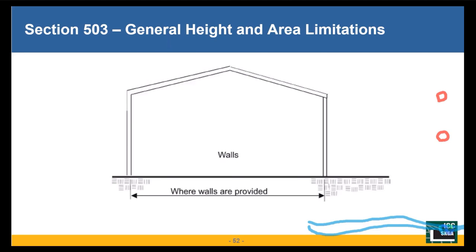But in general, it's the area bounded by the exterior walls, excluding vent shafts and courts. So if a court is open to the sky, we don't include it. But if the court has a projection of a second story above it, then it must be included in the calculation of the actual area to compare with that factor on the table.